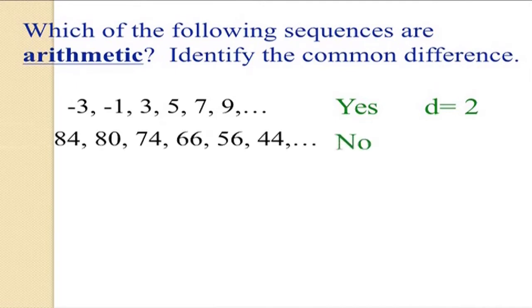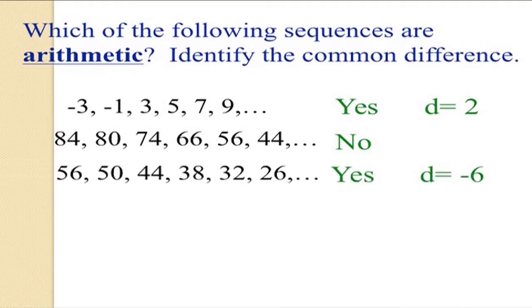In the second example, 84, 80, 74, 66, 56, 44. 80 minus 84 is -4. 74 minus 80 is -6. Since the common difference is not the same between the two consecutive terms, it is not an arithmetic progression. Similarly, in the third example, the common difference is -6.